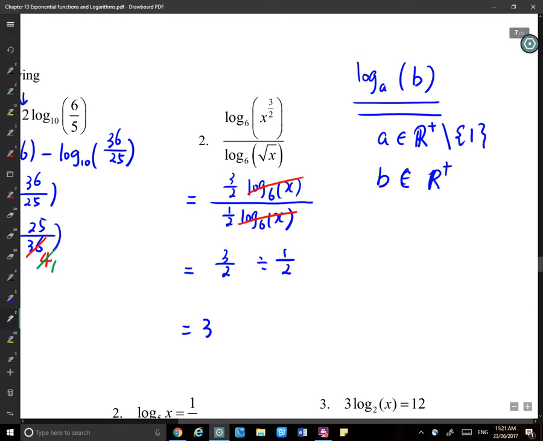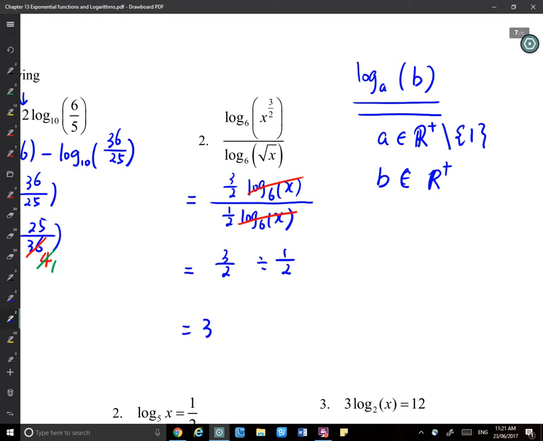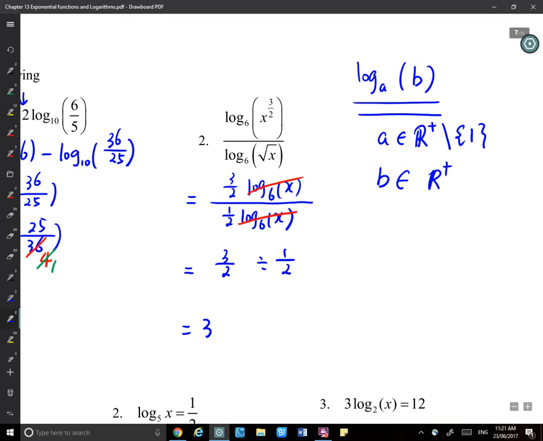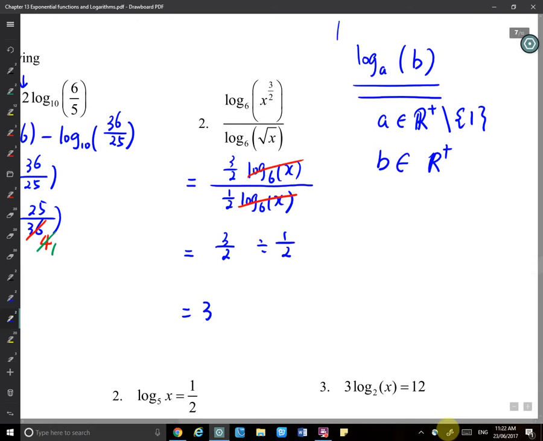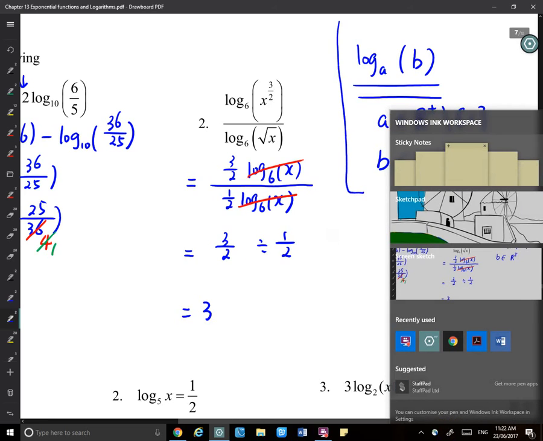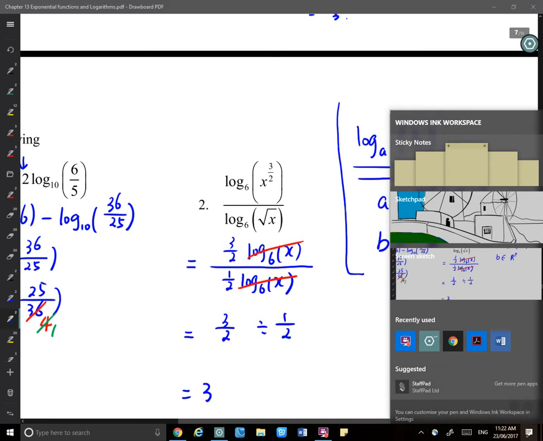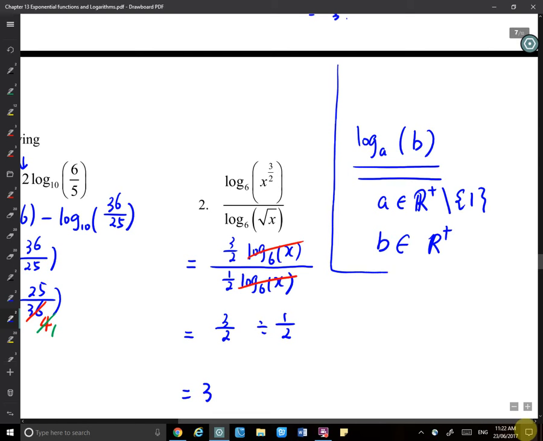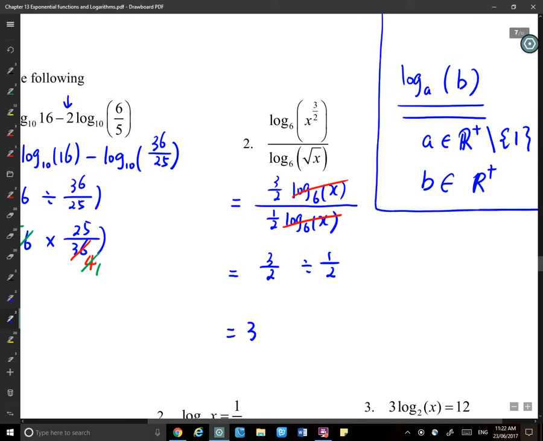The number I put in the bracket must be positive. So A can only be positive except 1, and B can be anything positive. Okay, I need to do this before the next question. Just keep that in your mind.